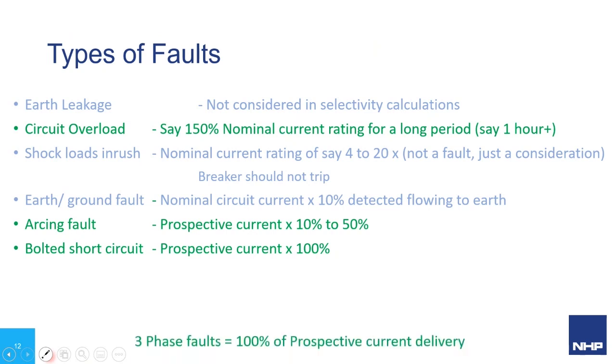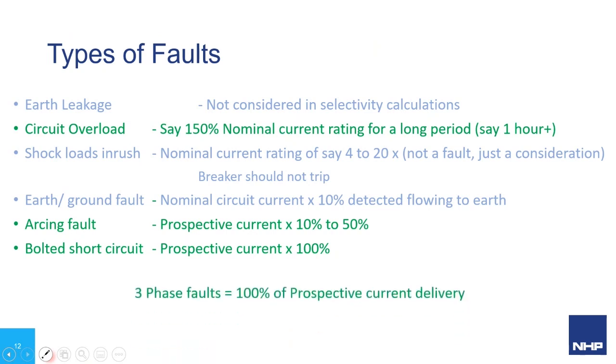Let's look at the potential between different phases. A three-phase bolted fault will give us 100% of the prospective fault current delivery. Two-phase bolted faults will give us around 87% of the prospective fault current delivery.